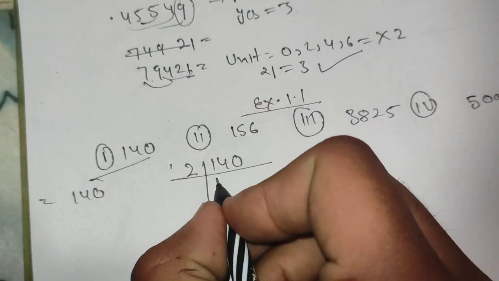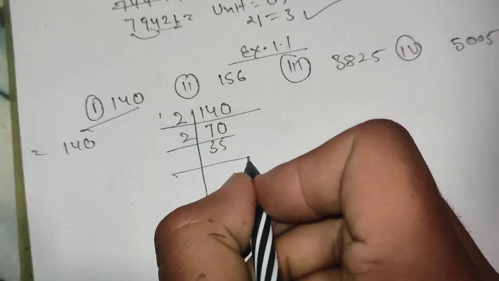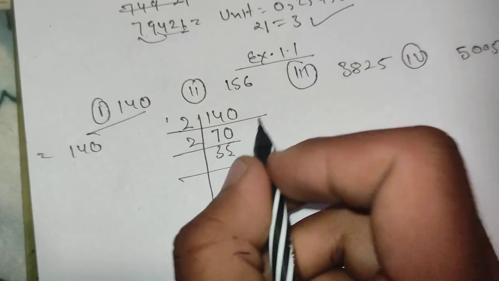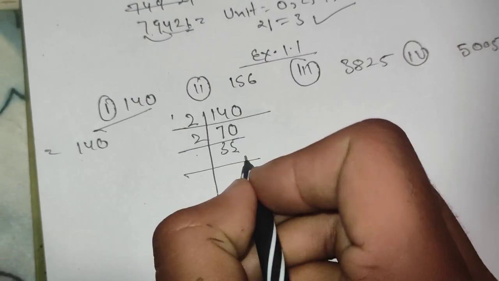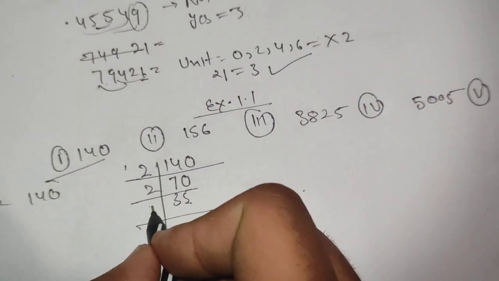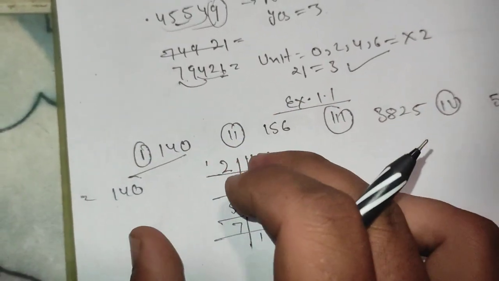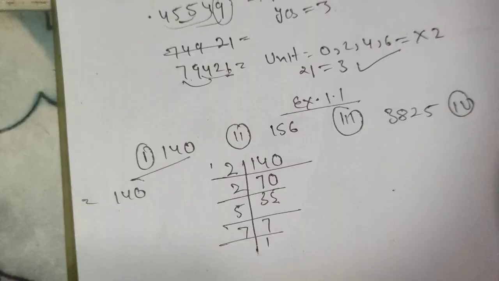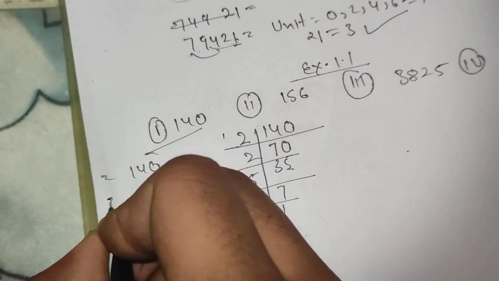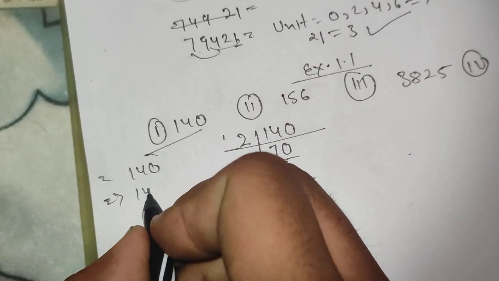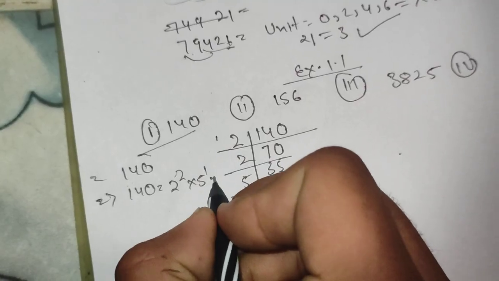So 2 times 70, then 2 times 35. Now the last digit is not divisible by 3, so we check 5: the last digit is 5, so this is 5 times 7, and 7 times 1. In the previous class I explained the divisibility rule of 2 and 3, and at last I explained the divisibility rules for 4 and 5. So 140 becomes 2 to the power 2, 5 to the power 1 and 7 to the power 1.